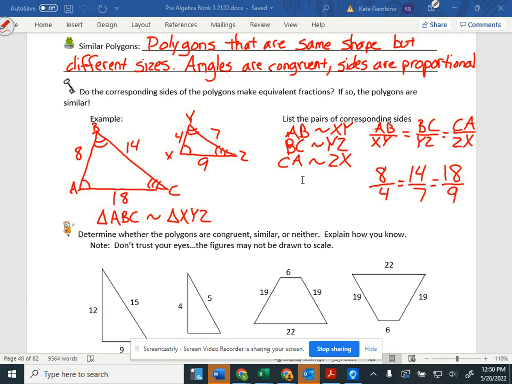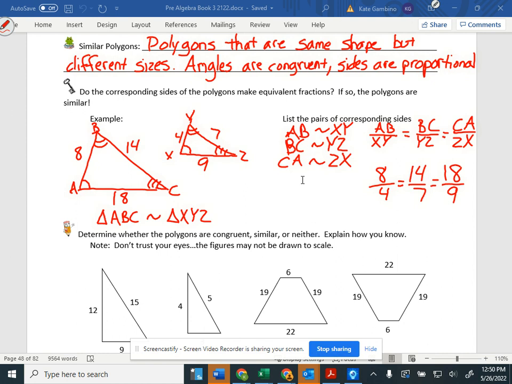So let's bring back something that we learned about a while ago, and we're using it again with those proportions. So that becomes important when we're determining whether the polygons are congruent, similar, or neither. So it is important that you check to make sure if they are proportionate. It's going to be easy to see if they're congruent. Why is that going to be the easiest one?